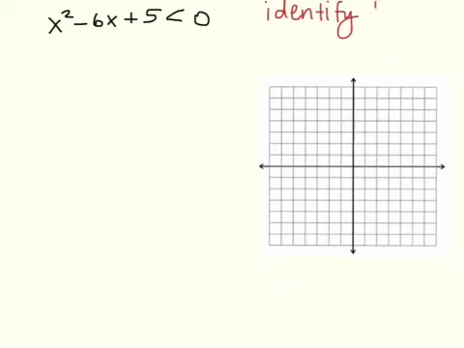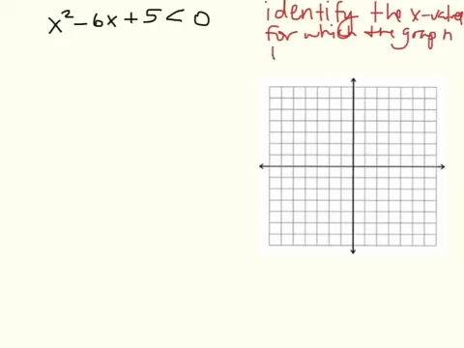So identify the x values for which the graph lies, and in this case below, because it's less than, lies below the x-axis.